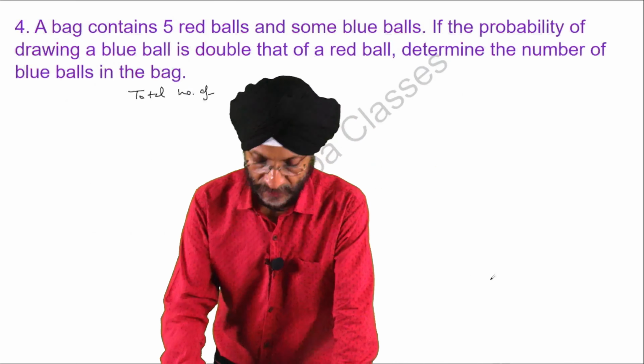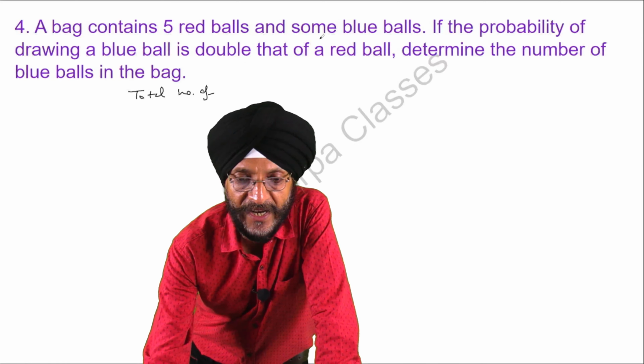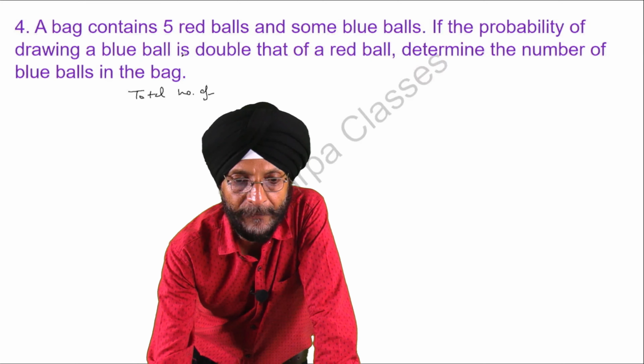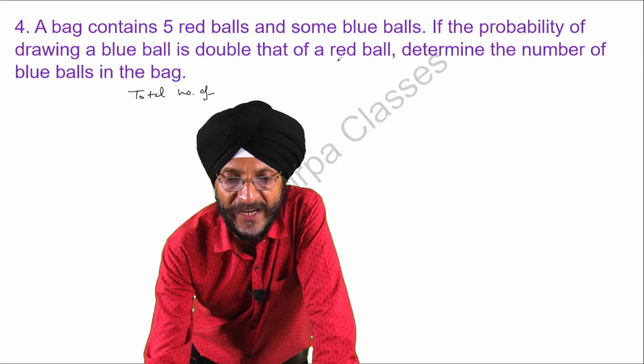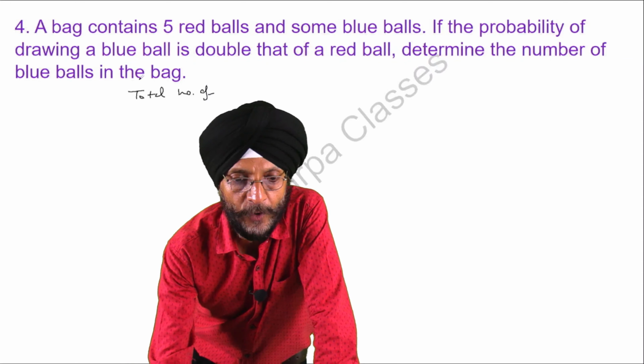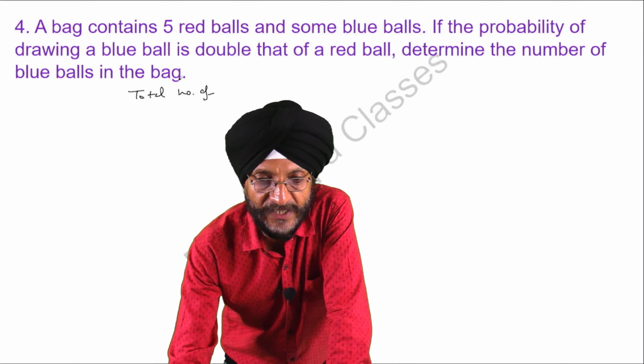Now a bag contains 5 red balls and some blue balls. If the probability of drawing a blue ball is double that of a red ball, determine the number of blue balls in the bag. So here what is given?